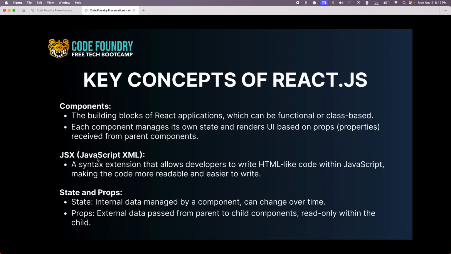JSX is JavaScript XML. It's a specific syntax feature that React.js uses in order to make code more readable and easier to write. And in addition to that, React.js provides state management, so being able to manage the content on a web page. So this has a lot to do with changing dynamic content.